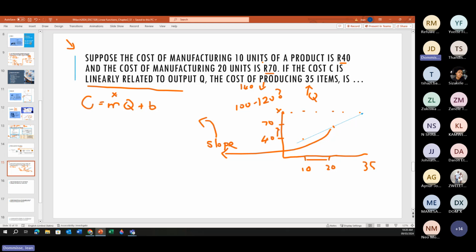What we will work out first is that m, the slope. How we do that is to get the difference between those 2 points. We haven't done it in this session, so I'll show you quickly. We will see the difference in one point minus the other point, divided by the difference between.